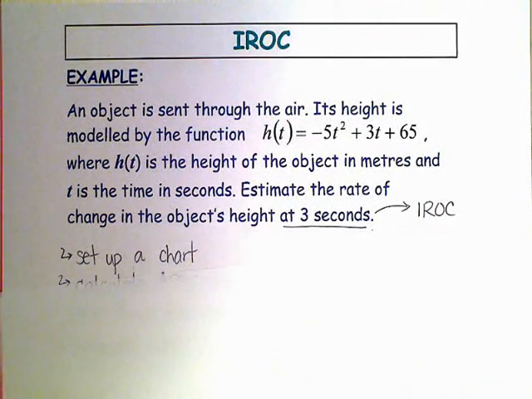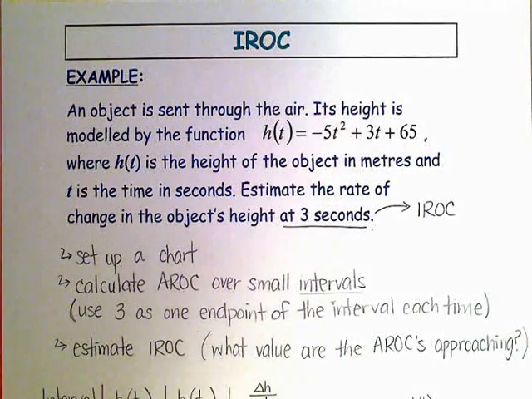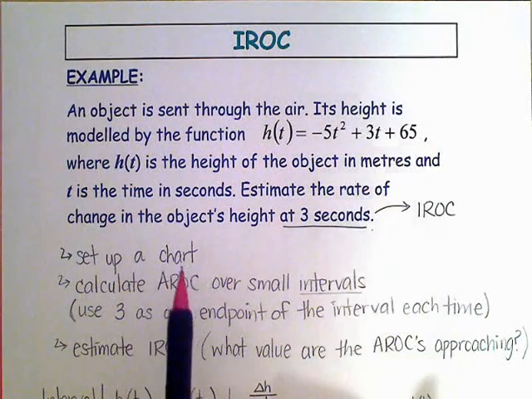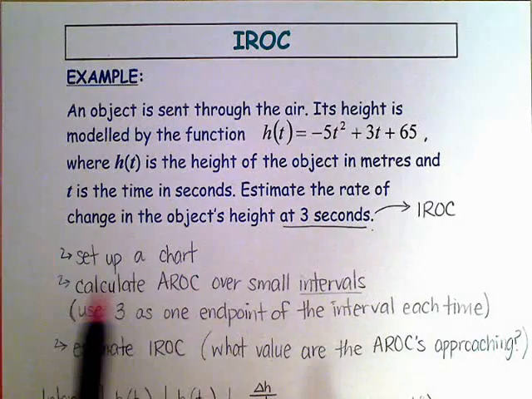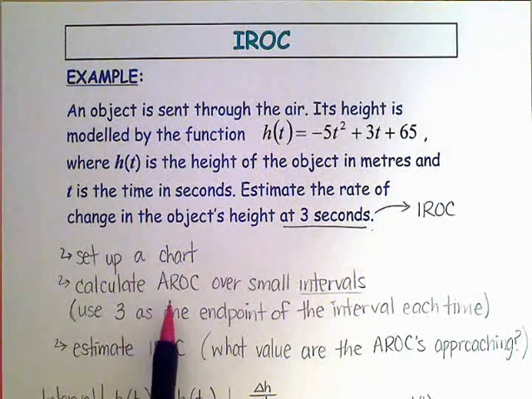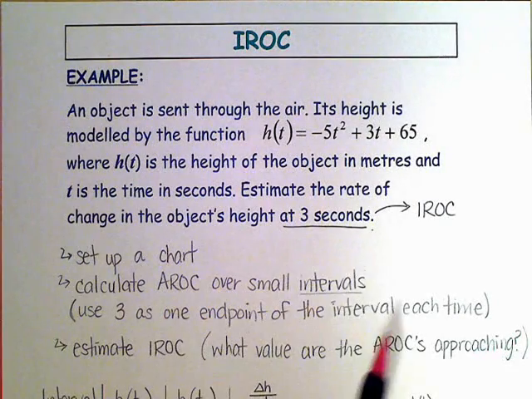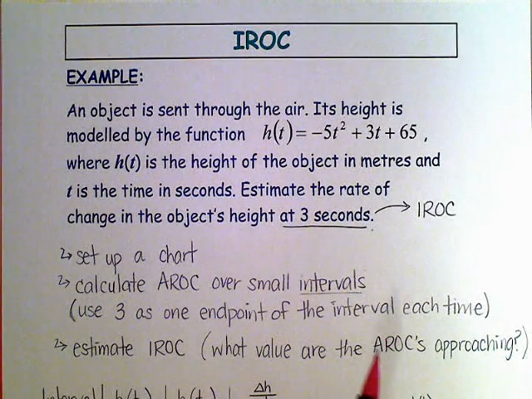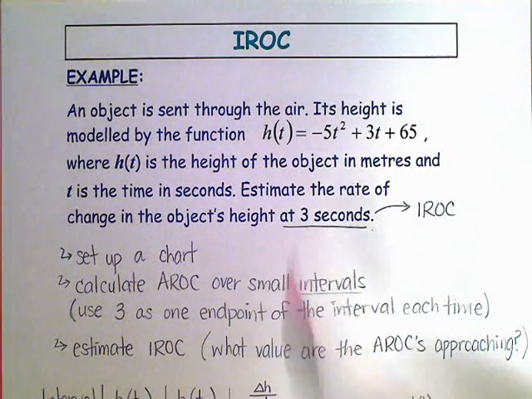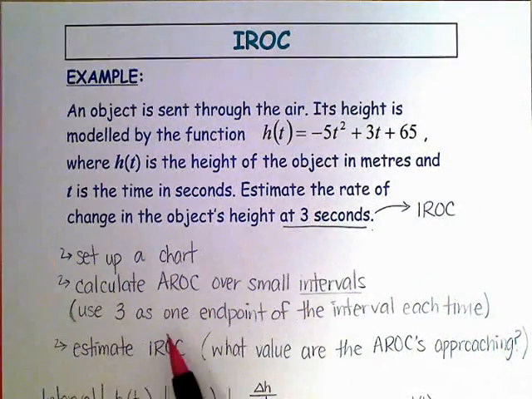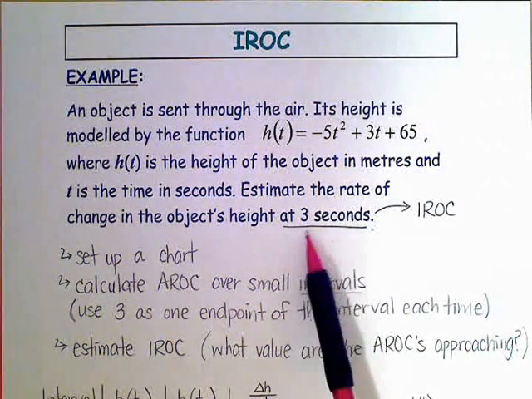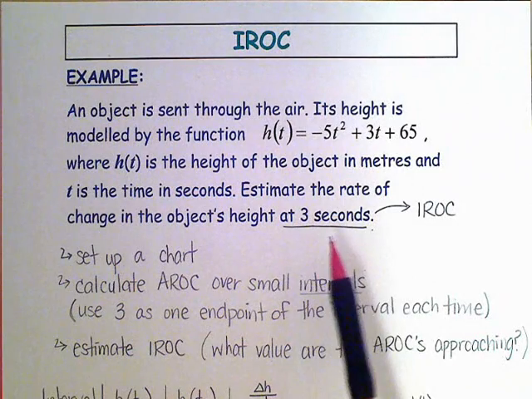Okay? So what we're going to do is set up a chart. And this is just going to help us organize our average rates of change over smaller and smaller intervals. So we'll start with a larger interval, and then we'll make it smaller and smaller so that it gets closer to the point at t equal to 3 seconds. 3 will always be used as one of our endpoints in this case because we're looking at the instantaneous rate of change at 3 seconds.